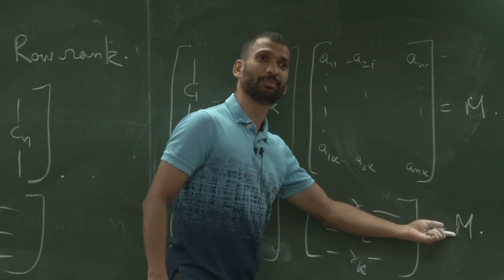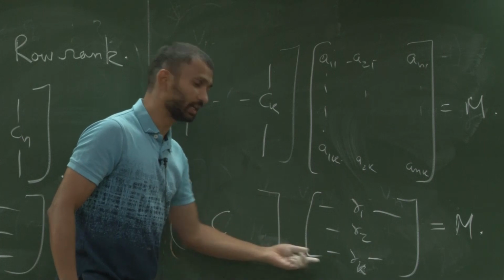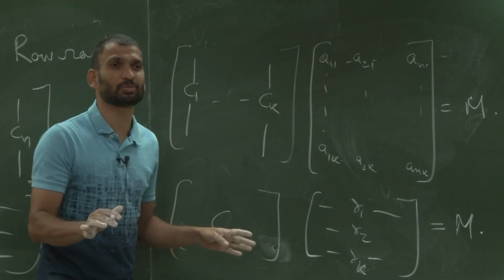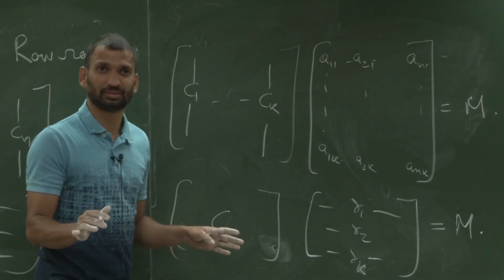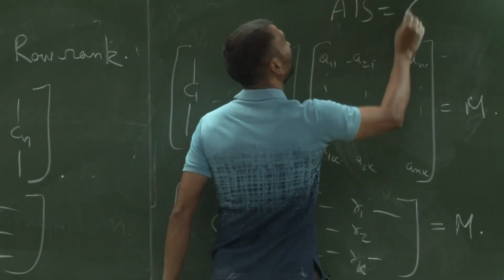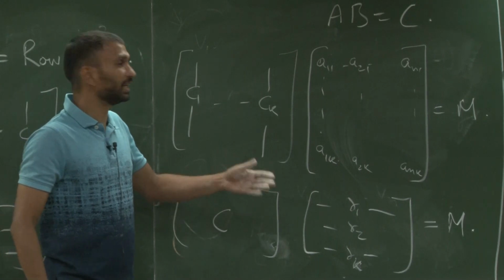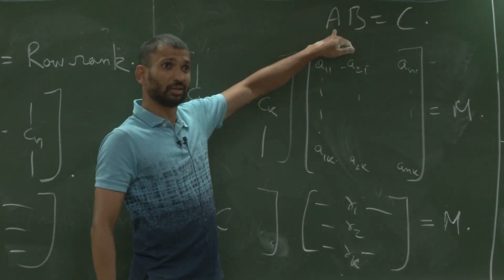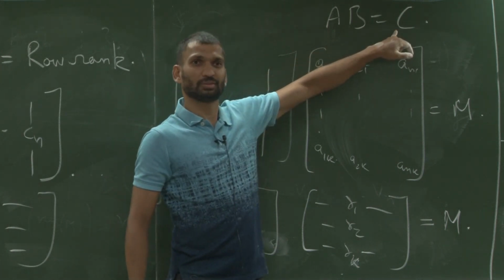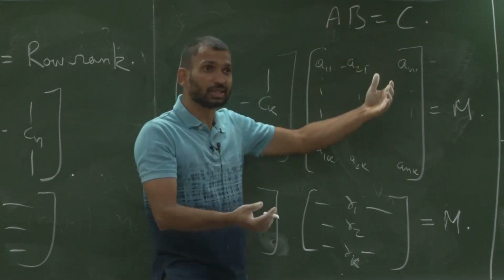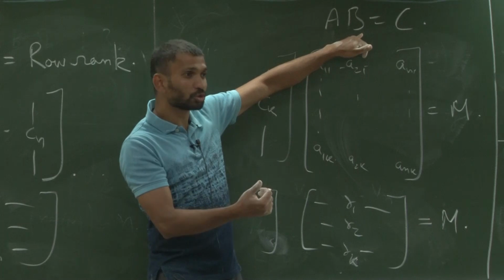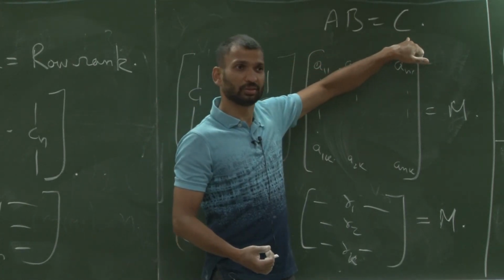What is the second row of M? It is the linear combination of R1 to Rk. This is just understanding what your matrix multiplication does, right? So when you write AB equal to C, you can view it as, you take the columns of A, multiply them with the coefficients in the first column of B, and you get the first column of C. Or the other way to put it is, you take the first row of A, multiply it with the rows of B, and you get the first row of C.